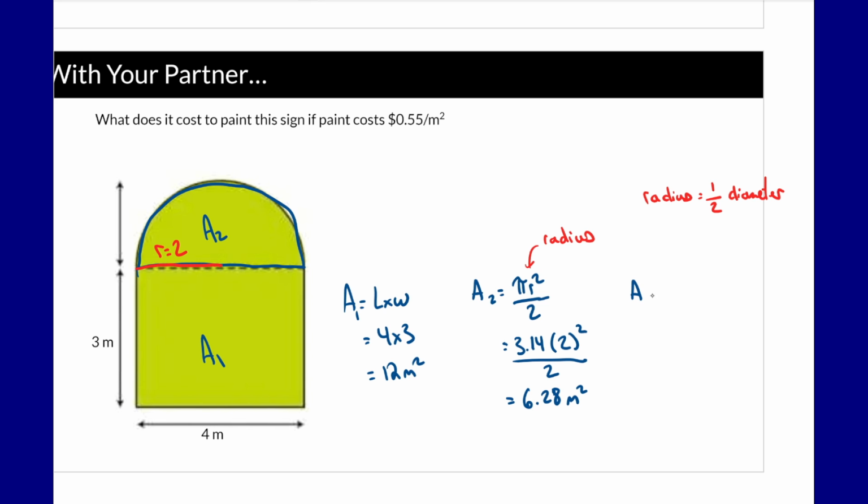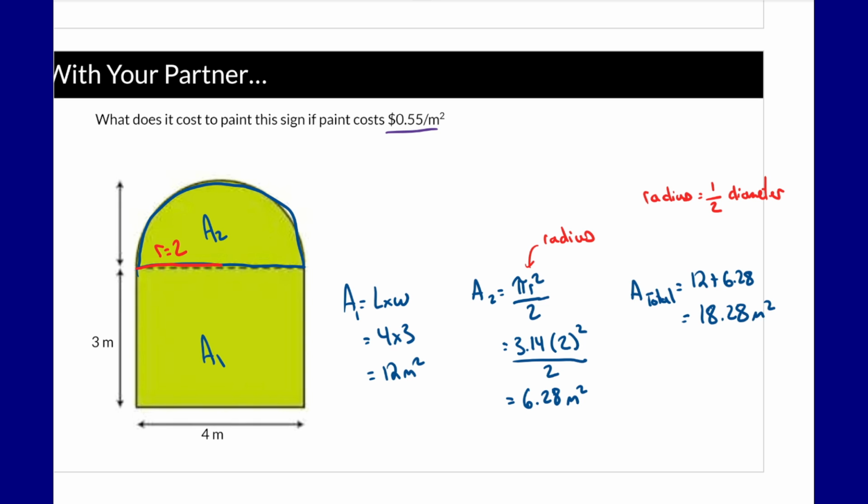So now my total area is the two areas added together, 12 plus 6.28, which equals 18.28 meters squared.